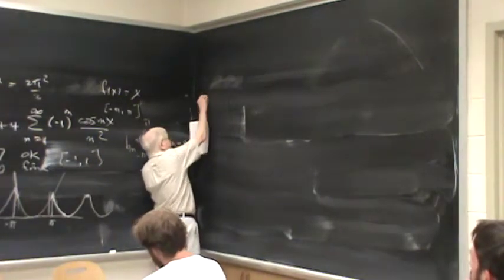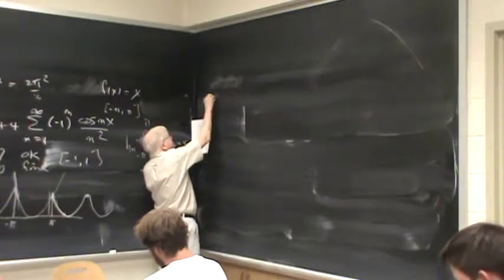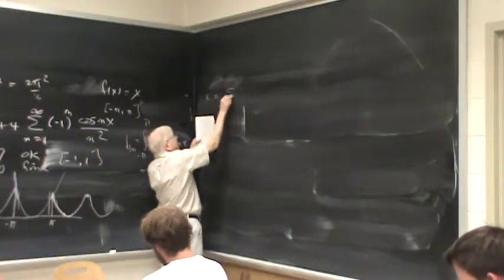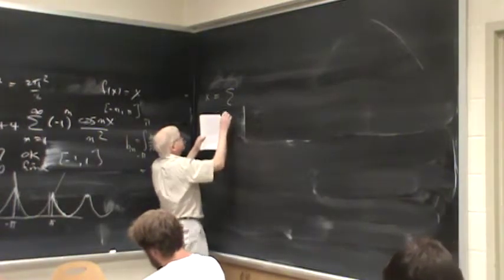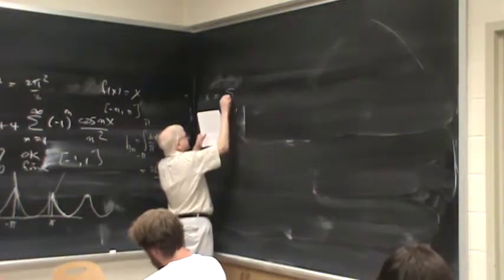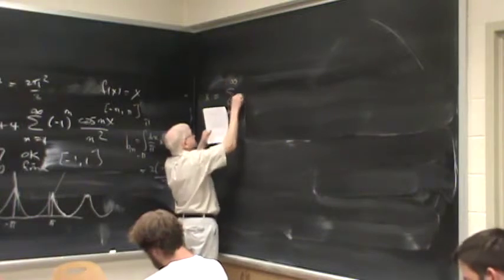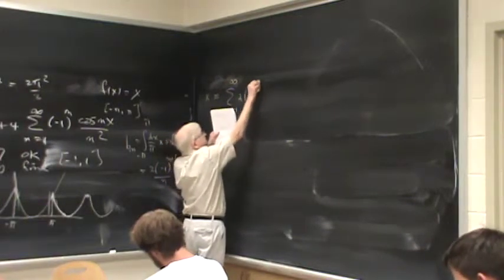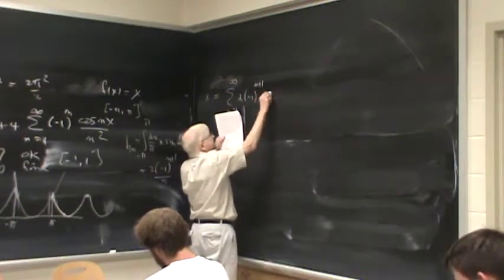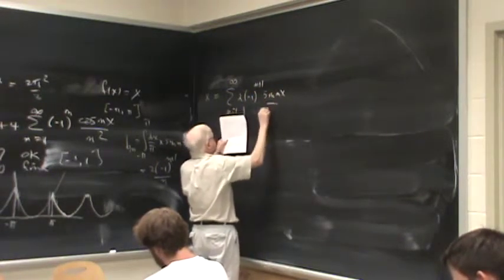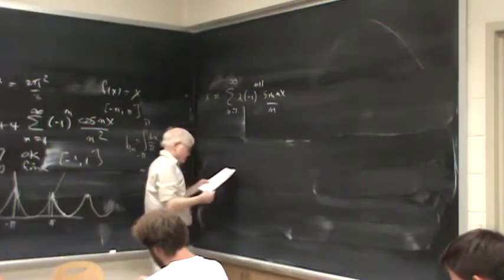And so we have here x equals the series, n equals 1 to infinity, 2 times minus 1 to the n plus 1 sine nx over n.